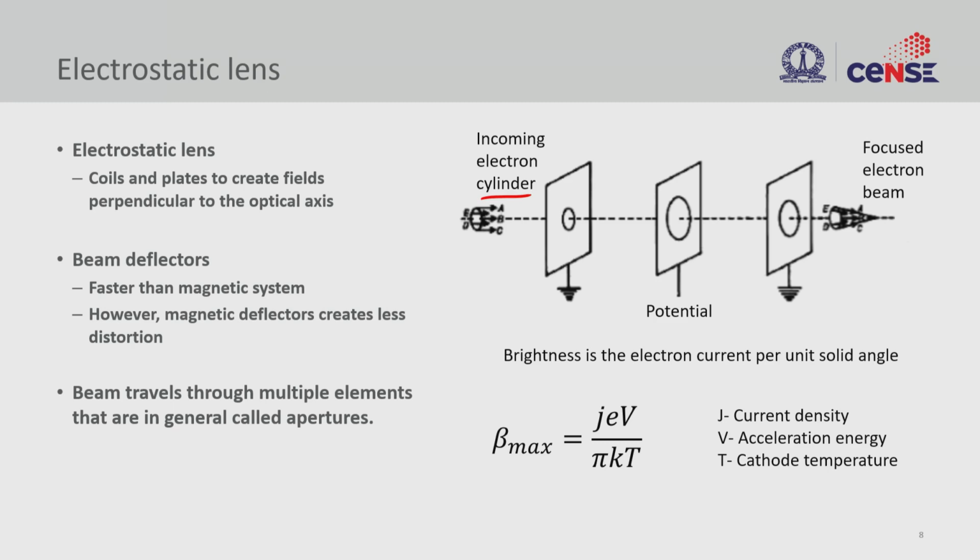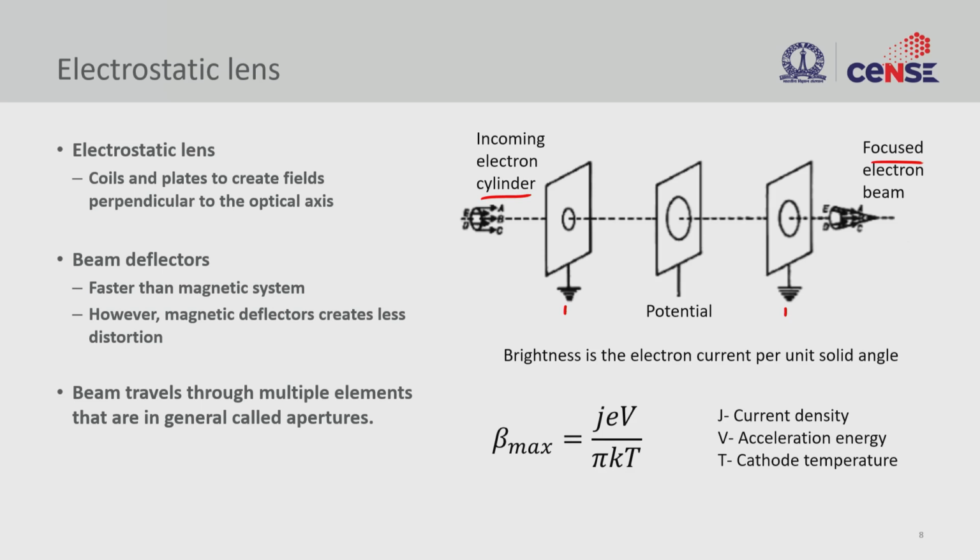Most of the time these are all integrated, where the middle plate is energized, at a certain potential, while the first plate and the third plate are grounded. Through this lens system, by applying various voltages here, we should be able to convert a cylindrical beam to a focused electron beam.